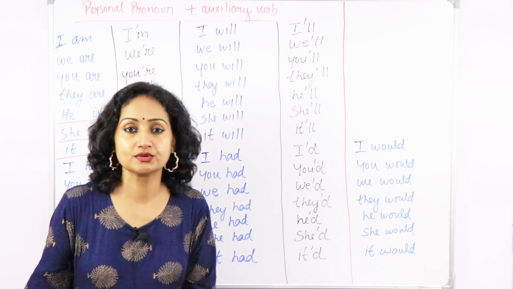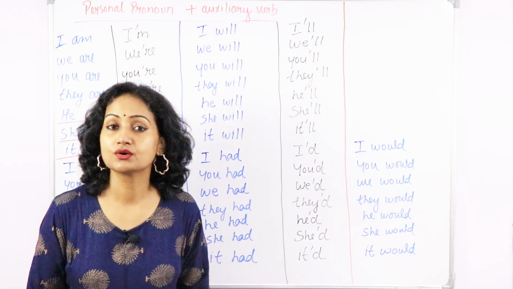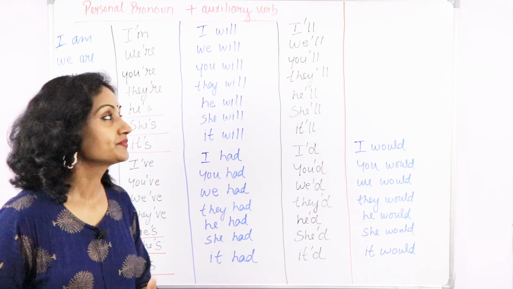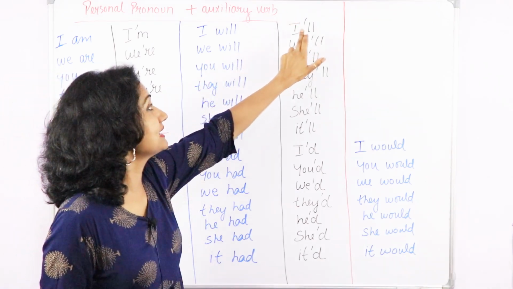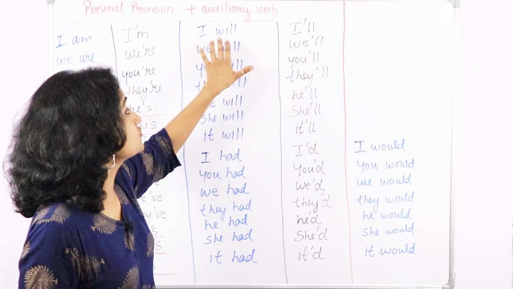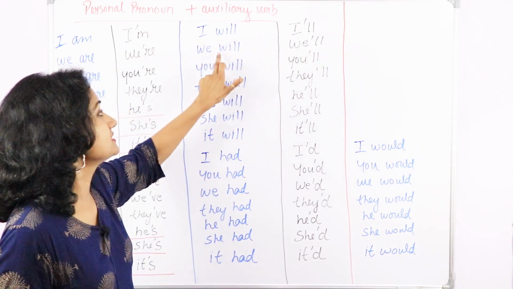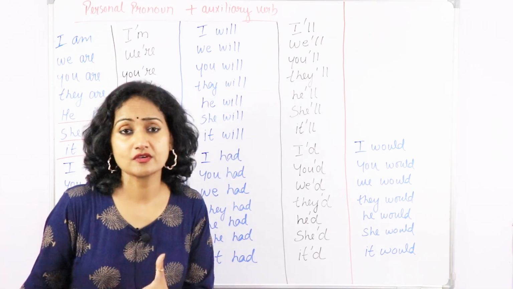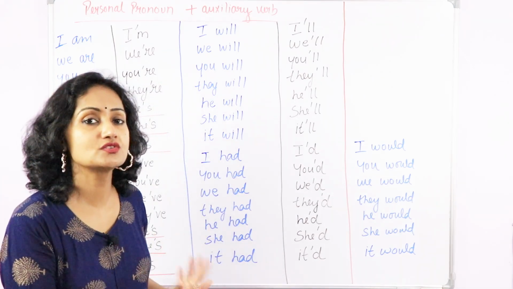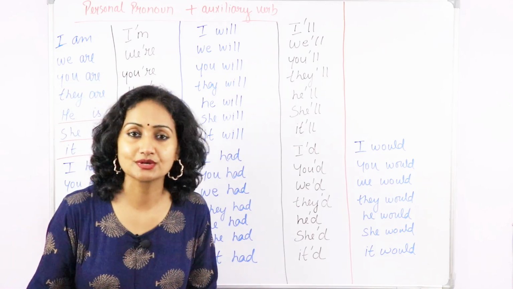We'll do that. So here what is happening? After I apostrophe and then double L, we are dropping two letters here, W and I. It's very easy to memorize, because once you start using these contractions, you will get used to it.